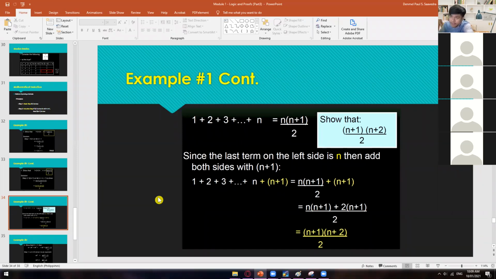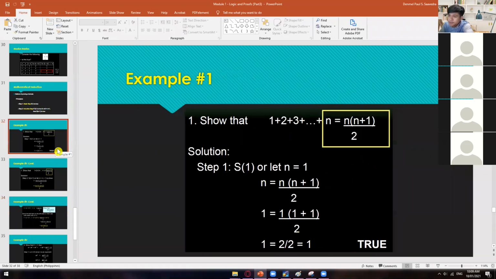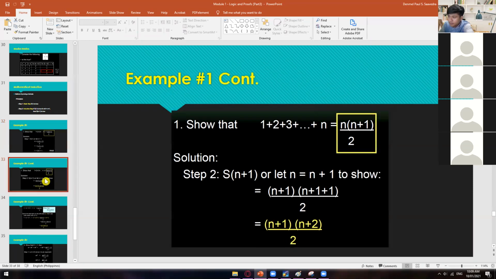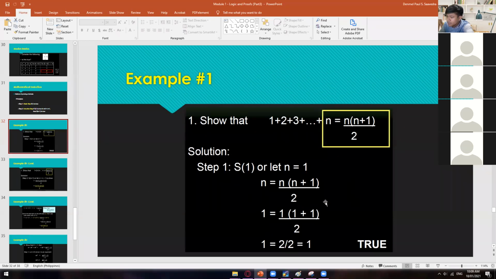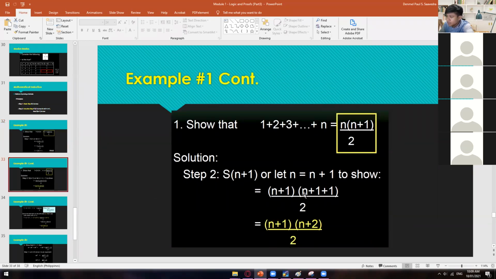All right. So, again, in mathematical induction, we have two steps. The first one is to prove whether the left side expression is equal with the right side expression by replacing the n to 1. Once you have already proven this step number 1, you can now proceed to step number 2 by replacing the n into n plus 1.